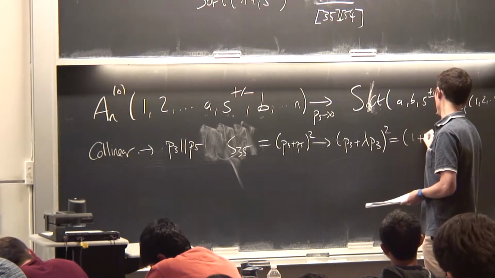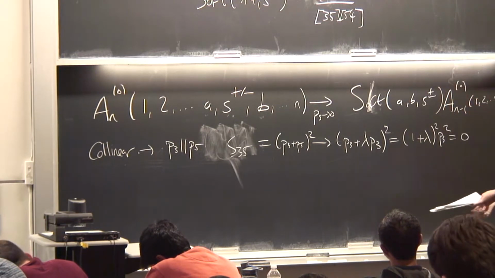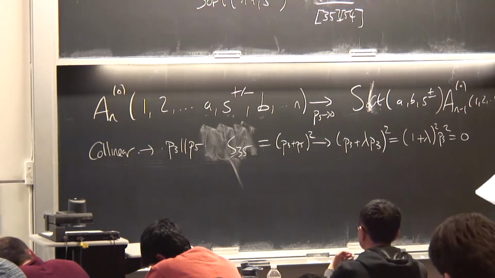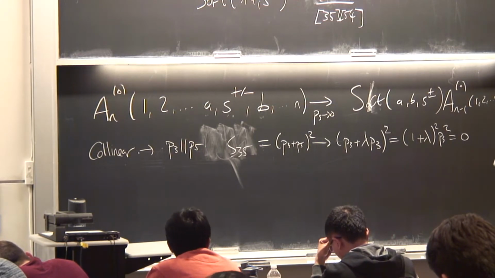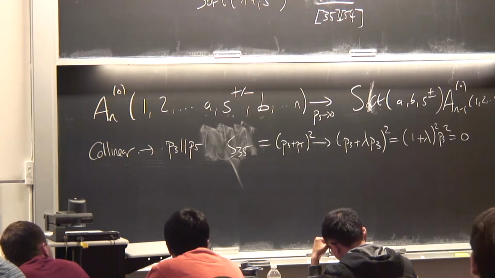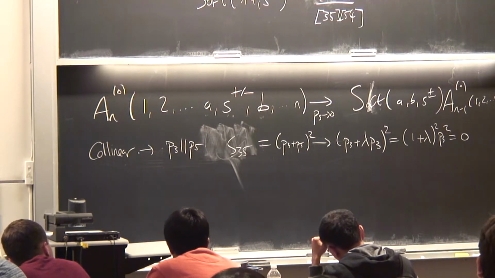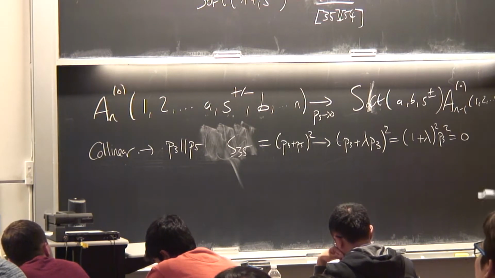So this thing is just 0. What happens in a collinear limit is that for next leading order, a single invariant goes to 0. So S35 goes to 0, but S45 remains non-zero. If S35 and S45 both go to 0, that means we're in a soft limit where P5 is killing both together. So we have a single one that goes to 0.